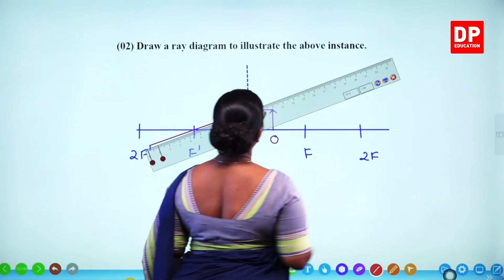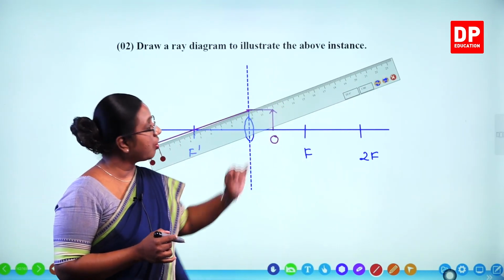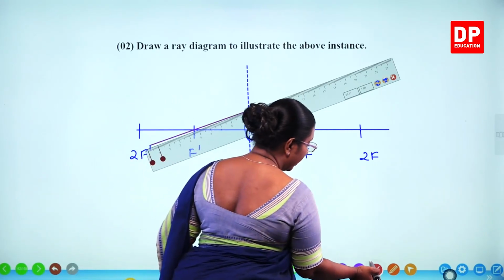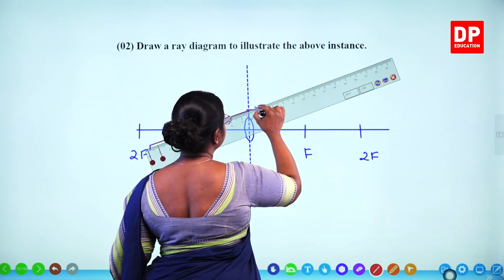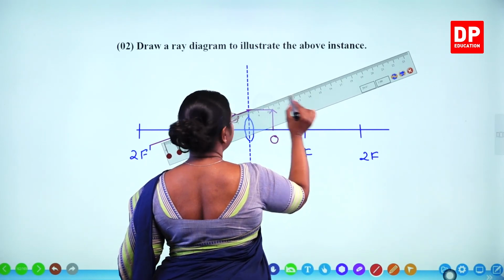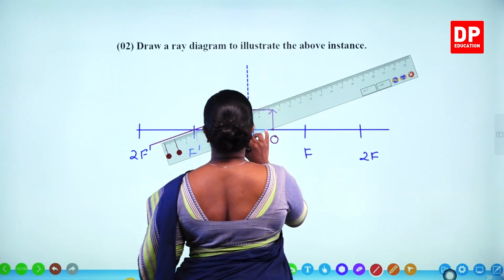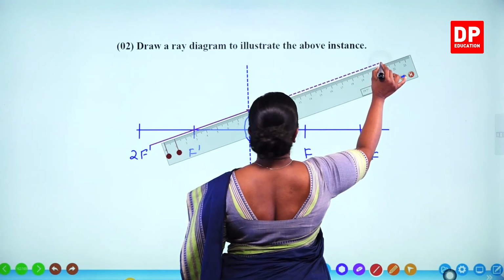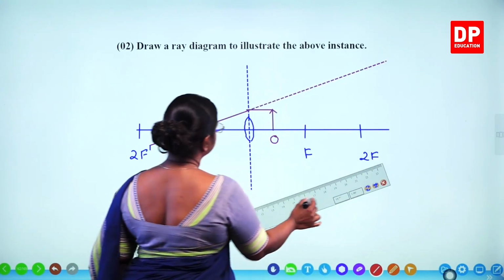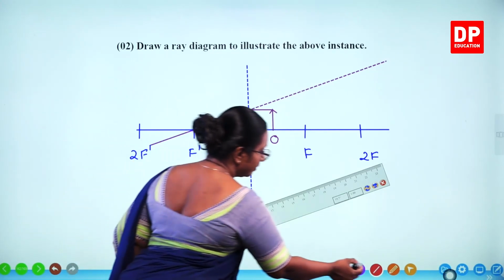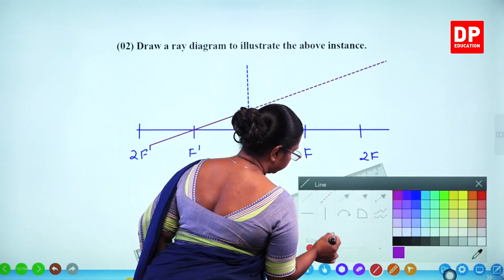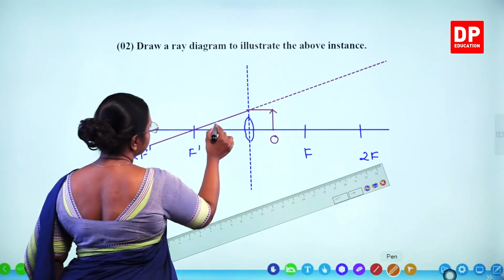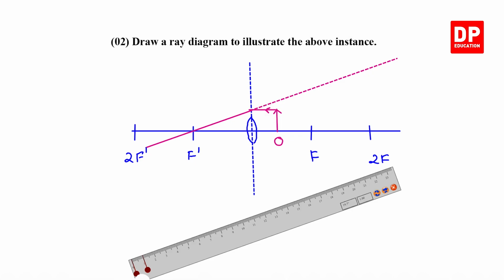And by now you know the image has to form on that side. So we need to extrapolate the ray as well. The ray has to be extrapolated like that. So that is one ray.